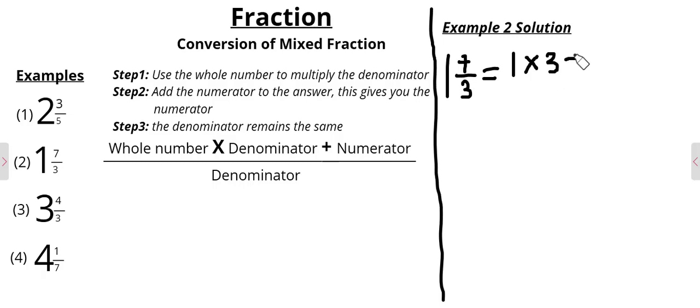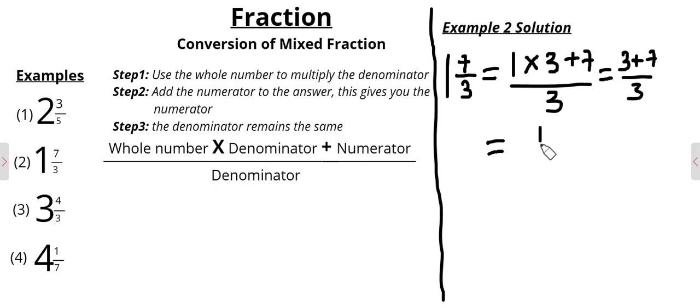Then you add the numerator, which is 7 all over the denominator. So 1 times 3 gives us 3 plus 7 all over 3. So at the end we have 10 all over 3.